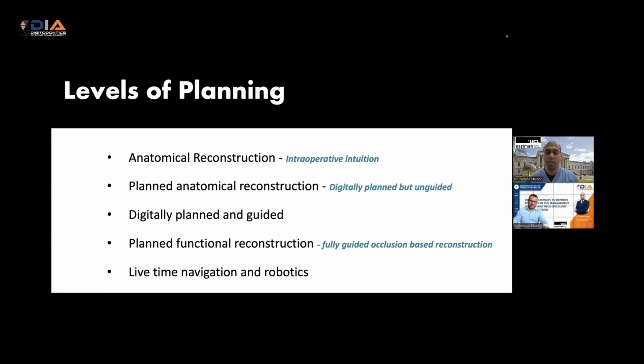We can talk to each other, understand where the reconstruction slices are going to be, or where the resection slices are going to be, so we can plan our reconstruction, and more than likely be close to that, because we know that, depending on how long the patients waited between diagnostics and treatment, the cancer could have grown, and so margins would need to be repositioned. But I think digitally planned and unguided is also slowly becoming a thing of the past.